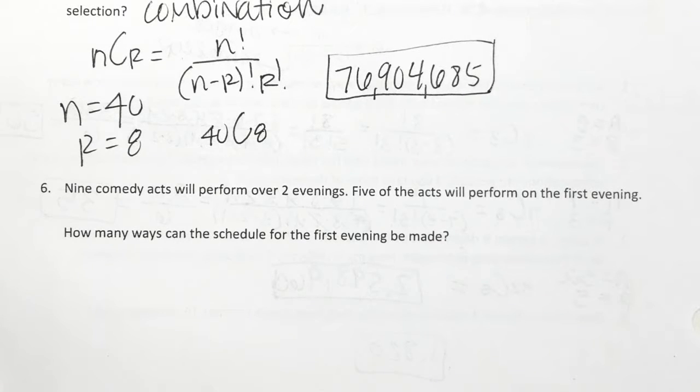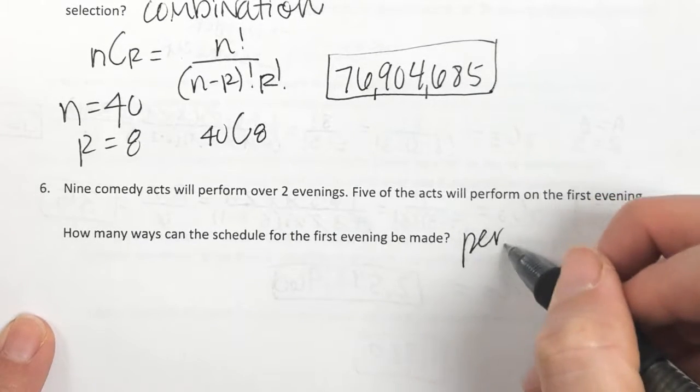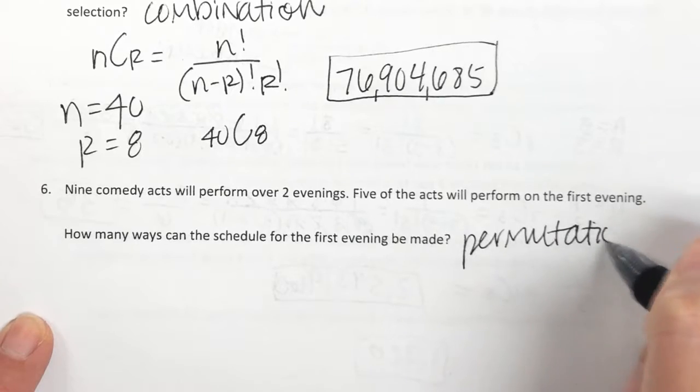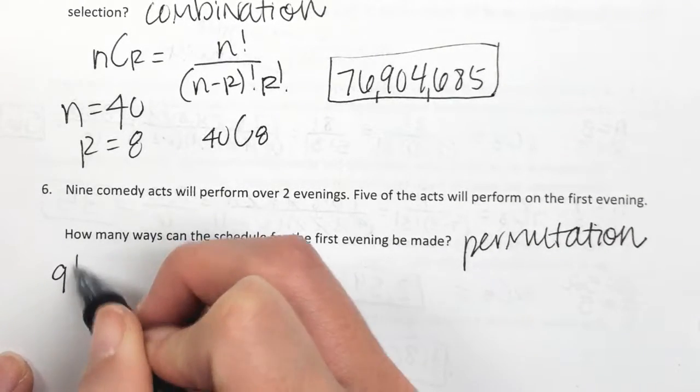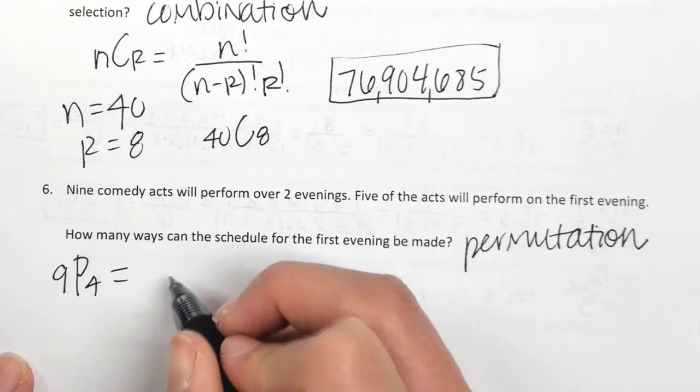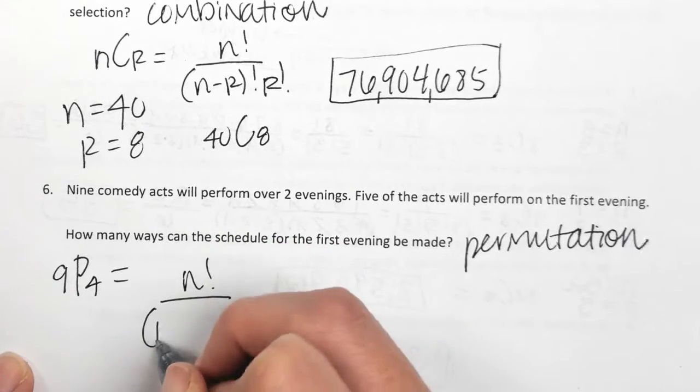Good. So the 5 that perform on the first evening, will they perform on the second evening? No. So order matters, right? Okay. So it can't be repeating. So this is a permutation. And what formula would I use? 9P4. Good. What's the formula? n factorial over (n minus r) factorial. Perfect.